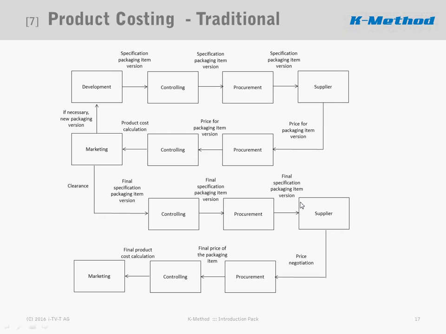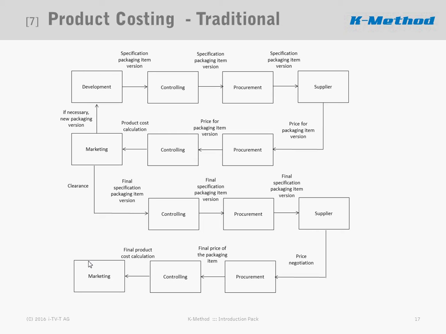So the supplier will get another haircut because it's now for real. This is real business now. He will give the price back to procurement. The controller will then make the final product costing and feed it back to marketing. So that's the traditional process of product costing in the context of a launch or relaunch.